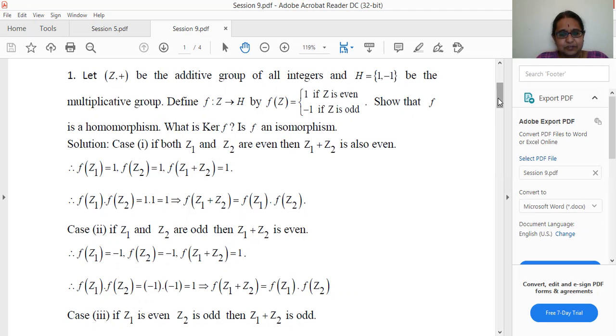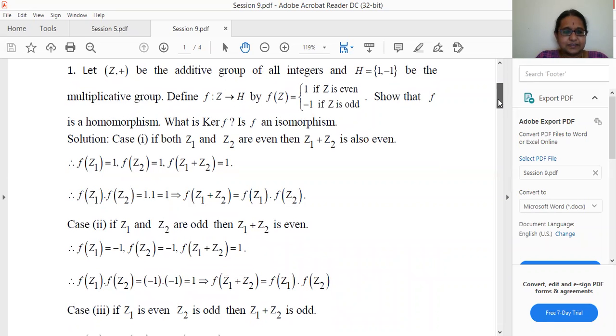Now F of Z1 dot F of Z2 is minus 1 times minus 1, which is again plus 1. So from this we can say F of Z1 plus Z2 is equal to F of Z1 dot F of Z2. So under the condition that Z1, Z2 are both odd, the mapping F is again a homomorphism.